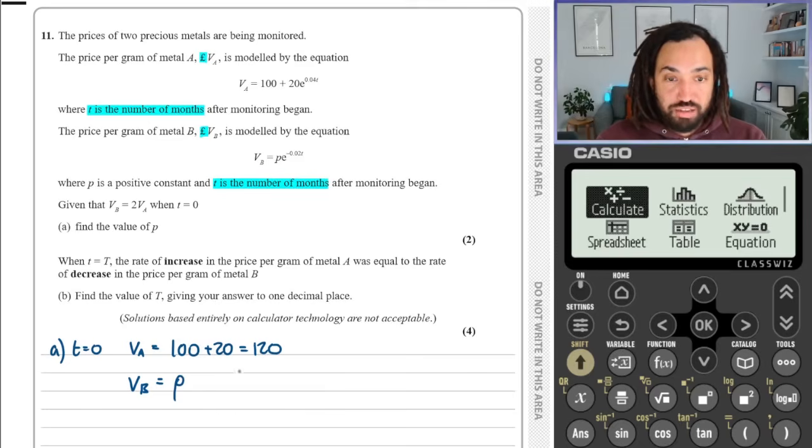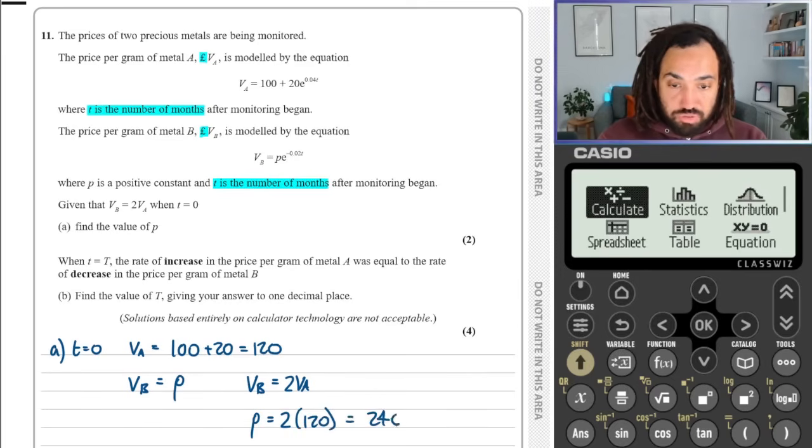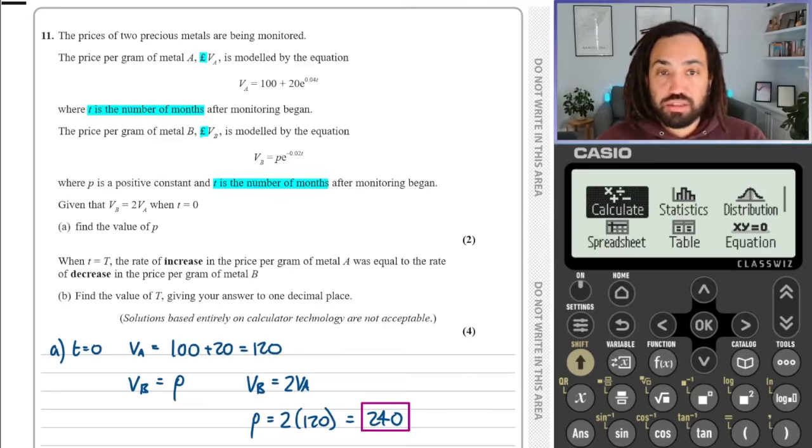And if we have that VB is equal to 2VA, then this tells us that P is equal to 2 lots of 120. So P is equal to 240. Okay, great.